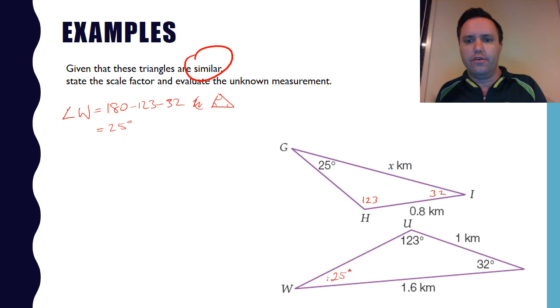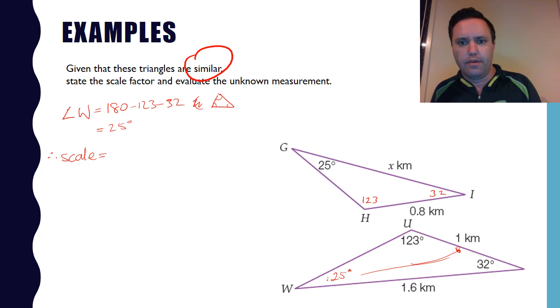Now you know that this 1 kilometer is equal to this 0.8 kilometers. So let's find our scale. Therefore our scale factor is equal to, let's give this one a name, IJWX.